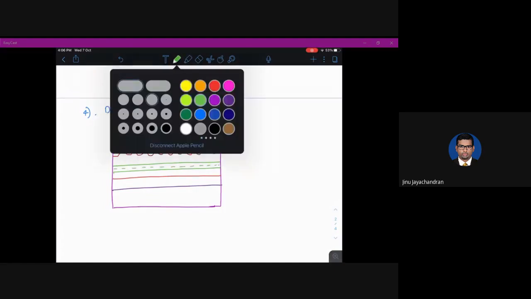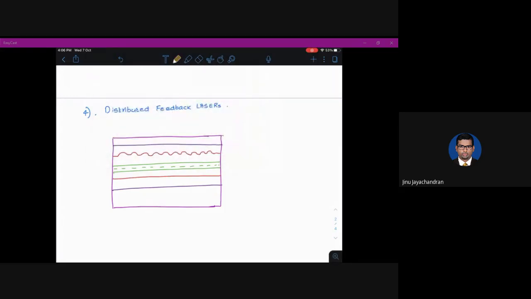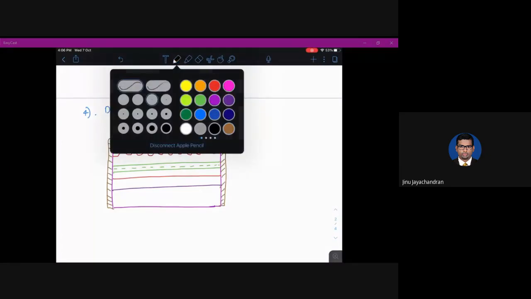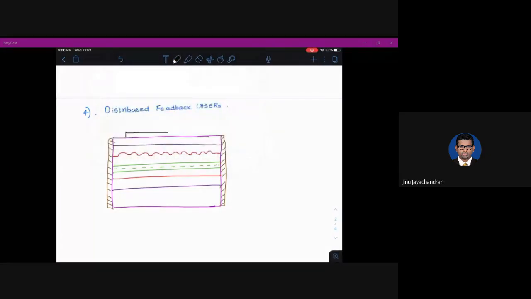And then on both the sides, you will have an anti-reflection coating. And at the top, you will have a metallic contact so that you can supply current.